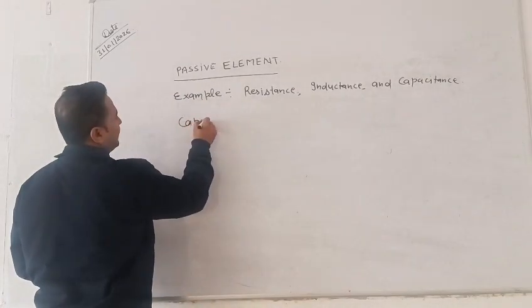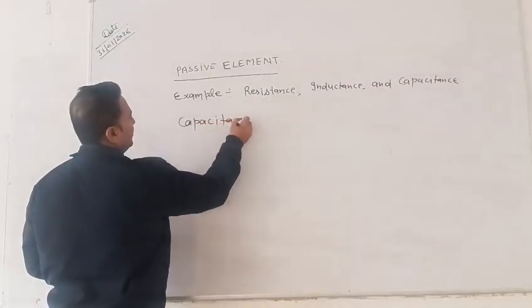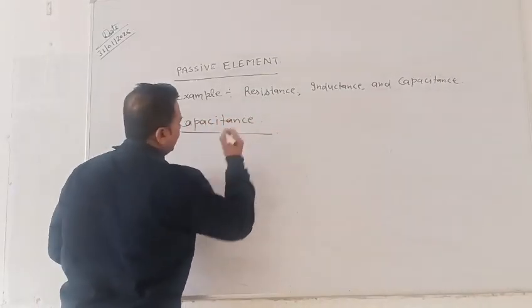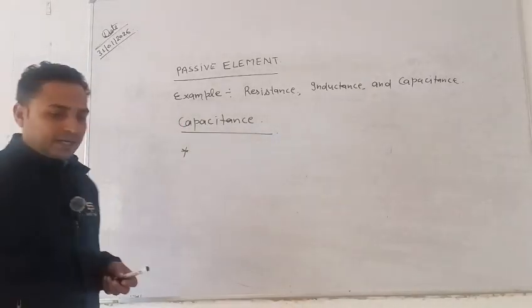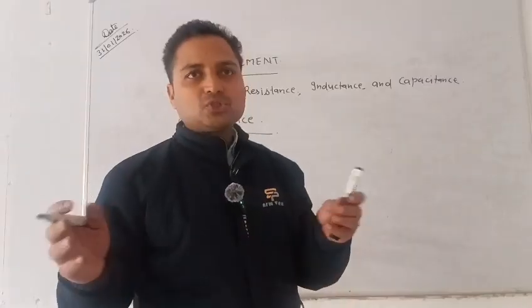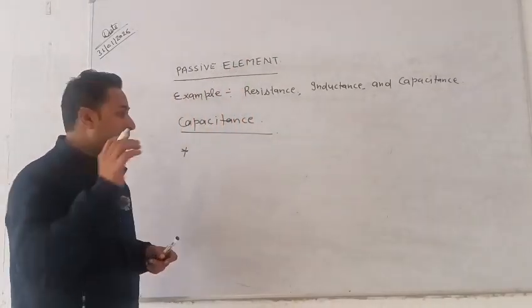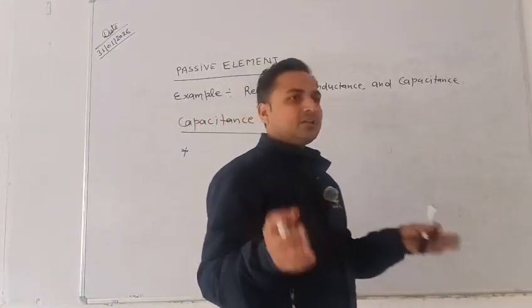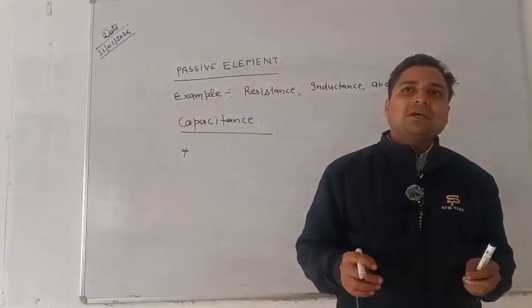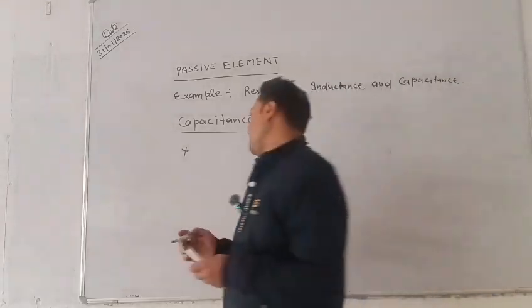The basic property of capacitance is that it stores energy in the electric field. Capacitance always stores energy in electric field, whereas inductance stores energy in magnetic field.